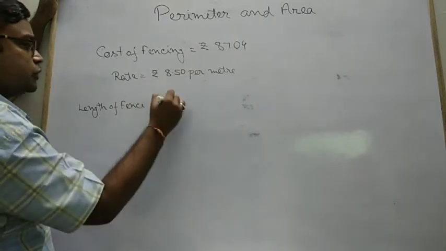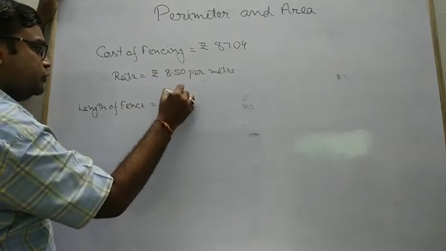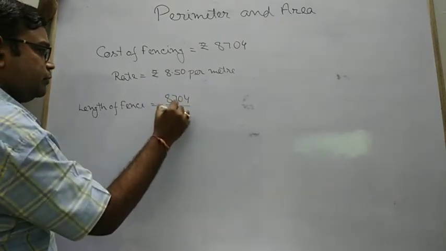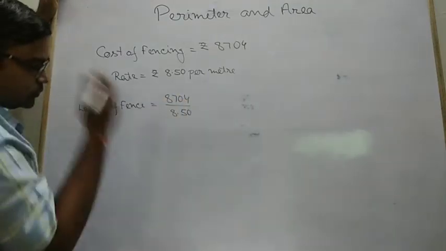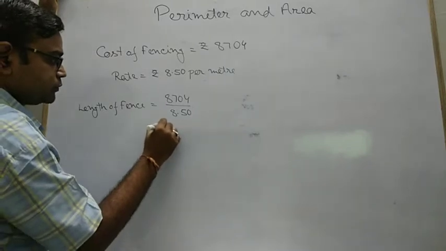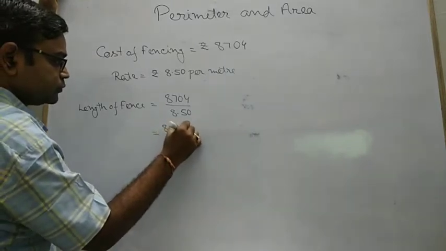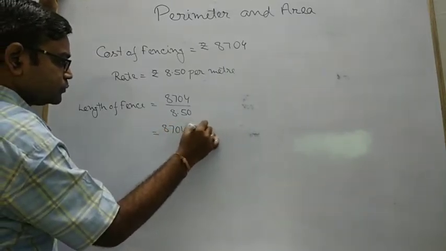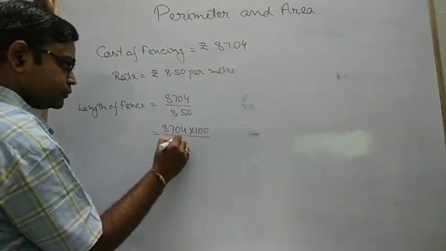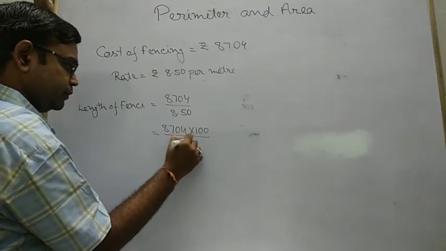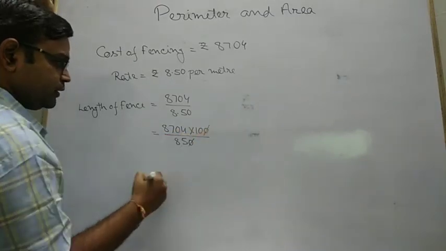Equals to cost, that is 8704 by rate 8.50. So we'll try to solve. 8.50 and 10 cancel.